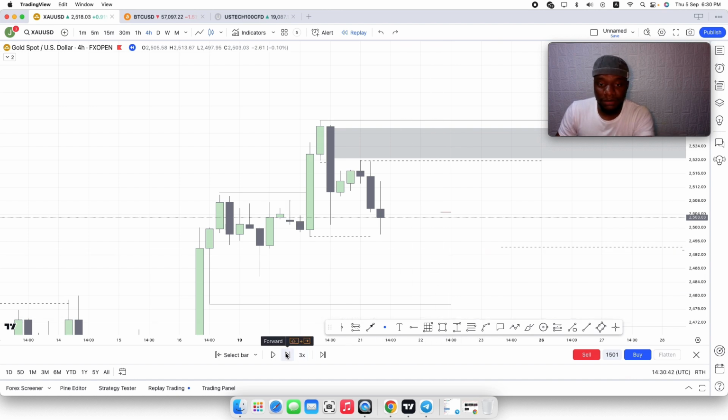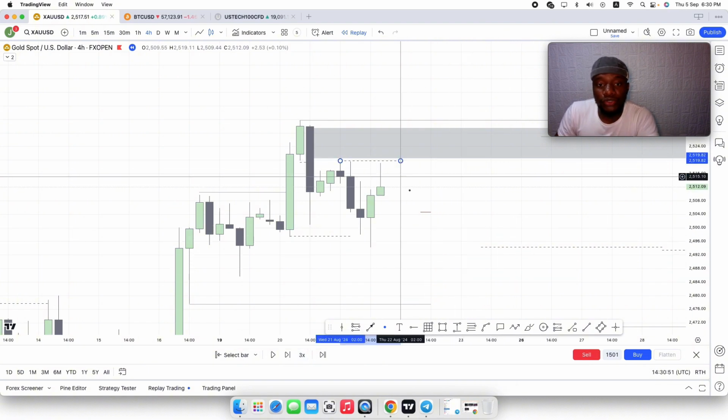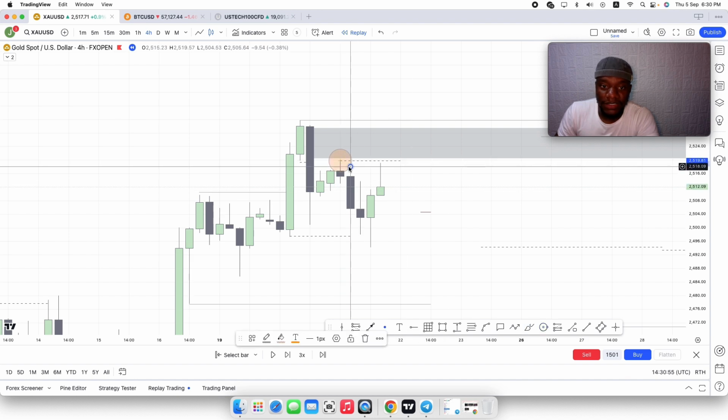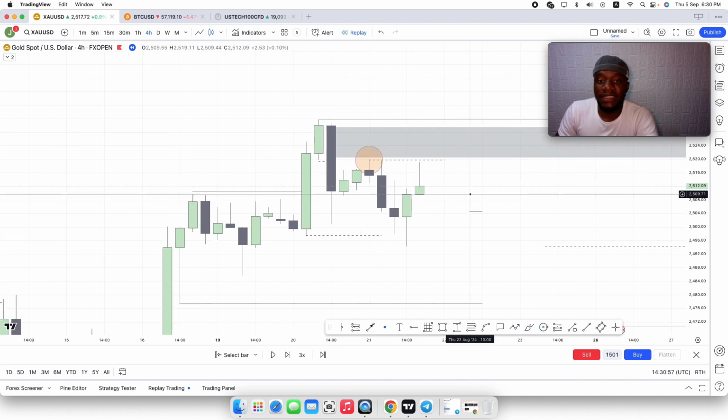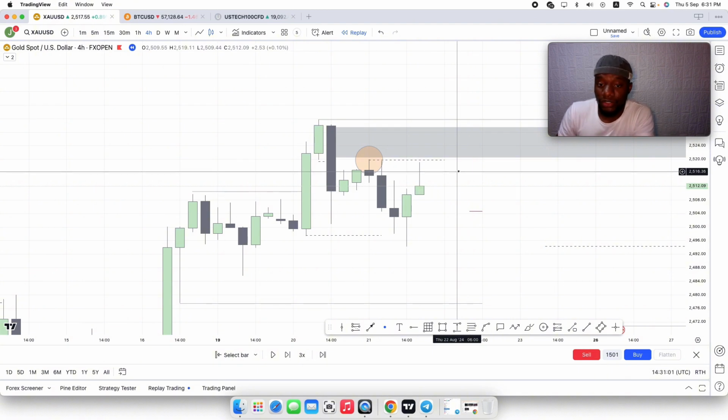So let's fast forward the market and see what the market gives to us. Now we came back there. If we're able to remove this high, that means there are chances that we're going to go high. Do you understand?